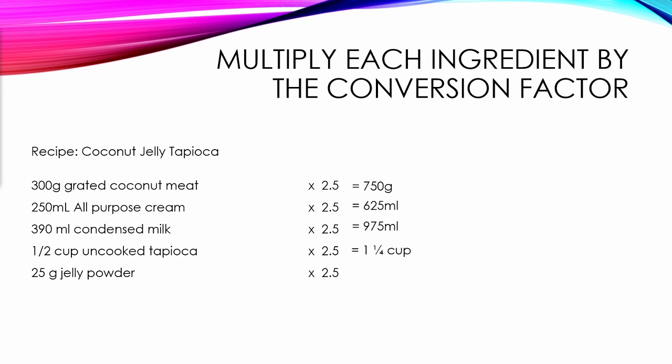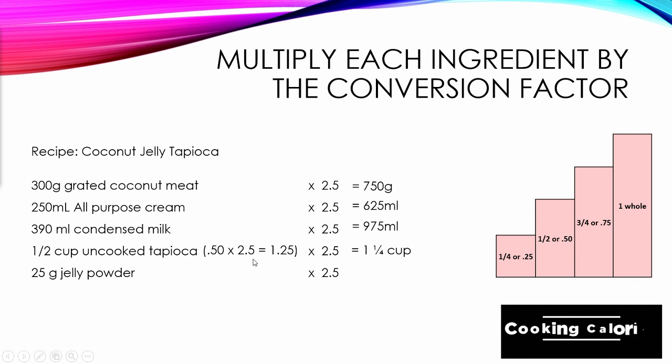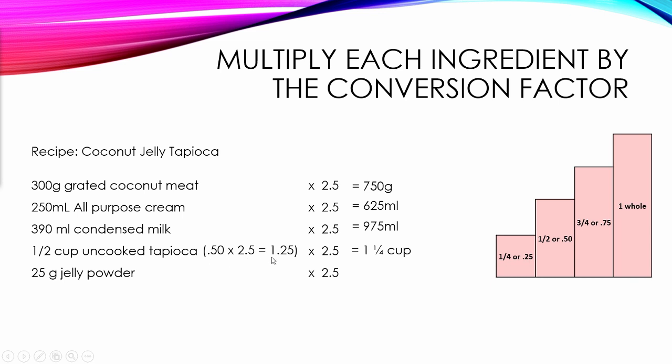You might be wondering how I arrived at 1 1/4 cup. I use this table to represent the fractions. 1/2 is equivalent to 0.50. That is what I multiplied with the conversion factor, which is 2.5. Now 0.50 multiplied by 2.5 is equivalent to 1.25.